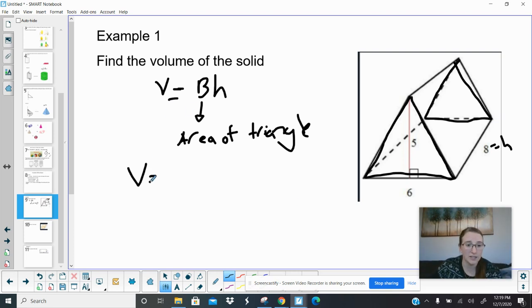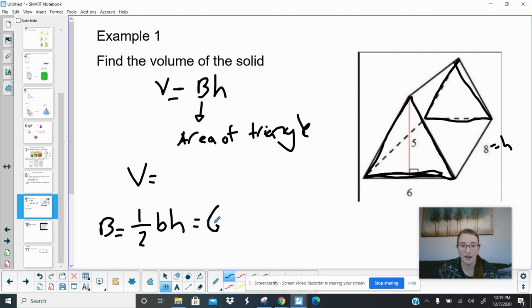So let's go ahead and replace here. We need the area of the triangle. So let's go ahead and do that. The area of our triangle is formula 1/2 its base times its height. So what is the base of this triangle? Ignore everything else. What's the measurement of the base of this triangle? 6.